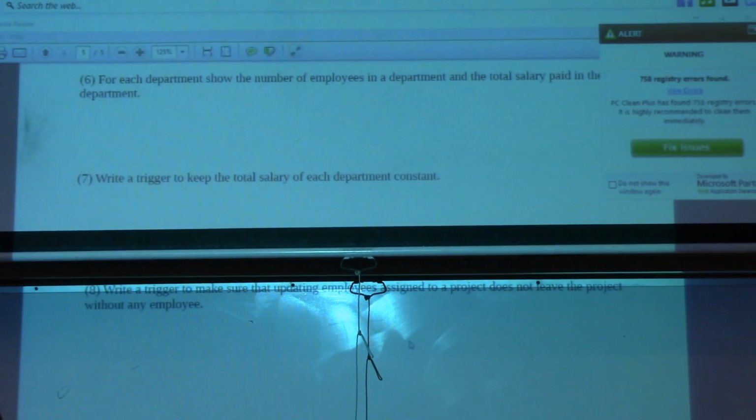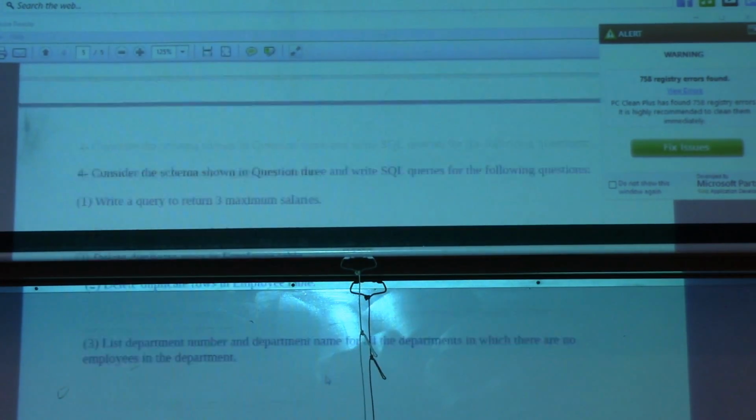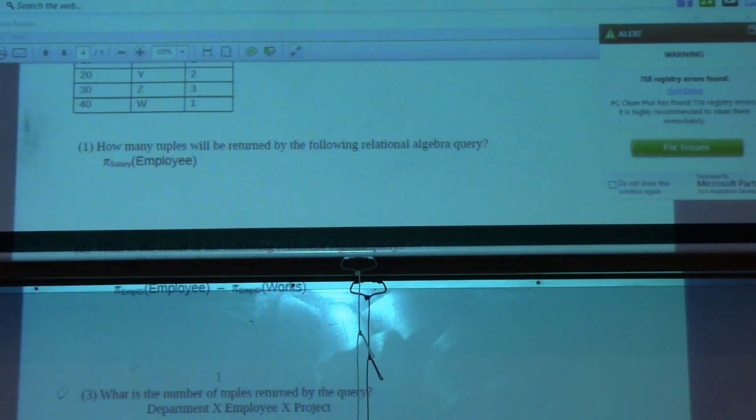So which table? At least one person should be in a project. One employee should be in a project.